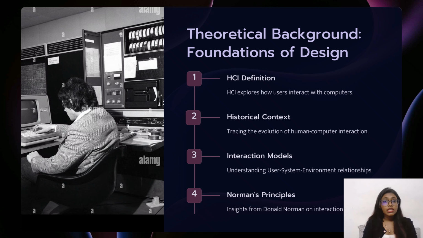One important model in HCI is Norman's Interaction Model, which breaks down how users form goals, execute actions, and even evaluate outcomes. Another concept is the user system environment model, where design decisions consider not just the user but also the context in which they are using the system, like lighting, location, or even the emotional state.